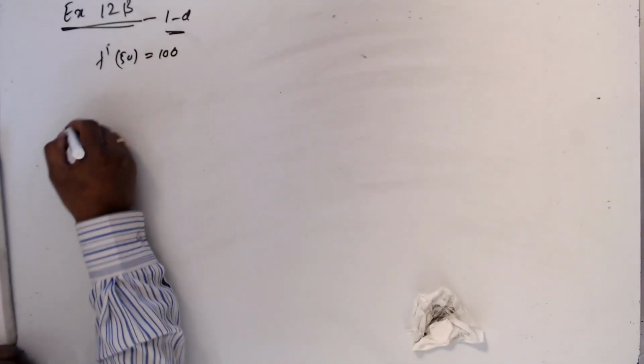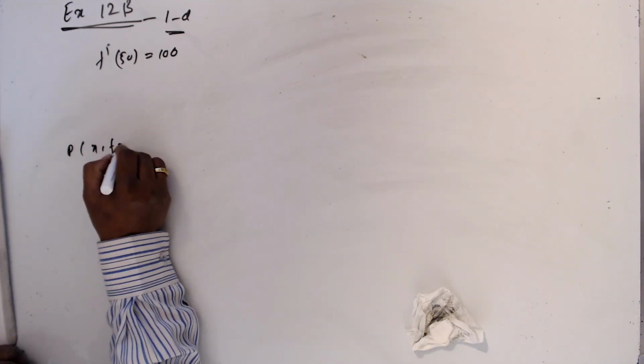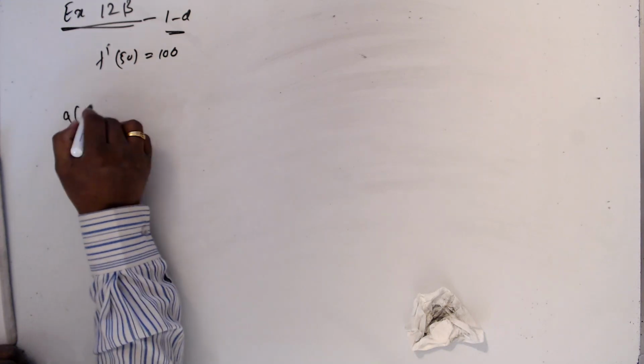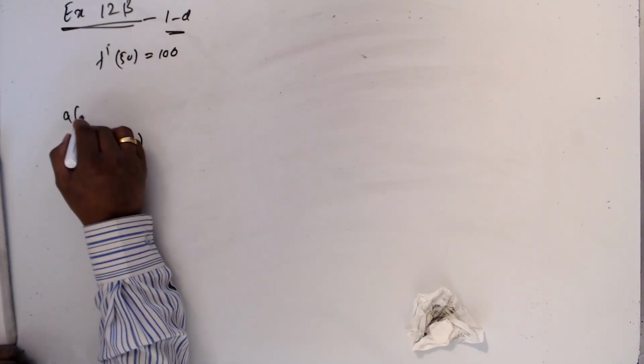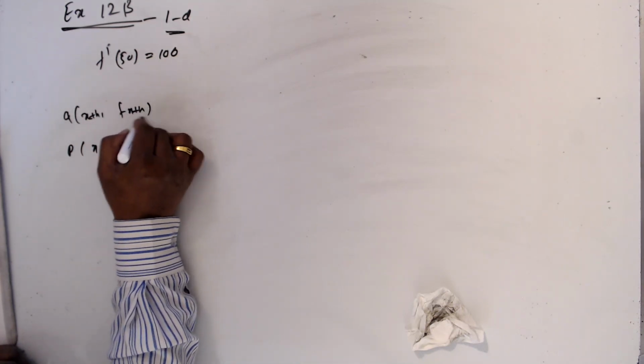So our P point is x and f(x) on that graph. Our Q point lies x plus h away, so x plus h, then this is f(x plus h).